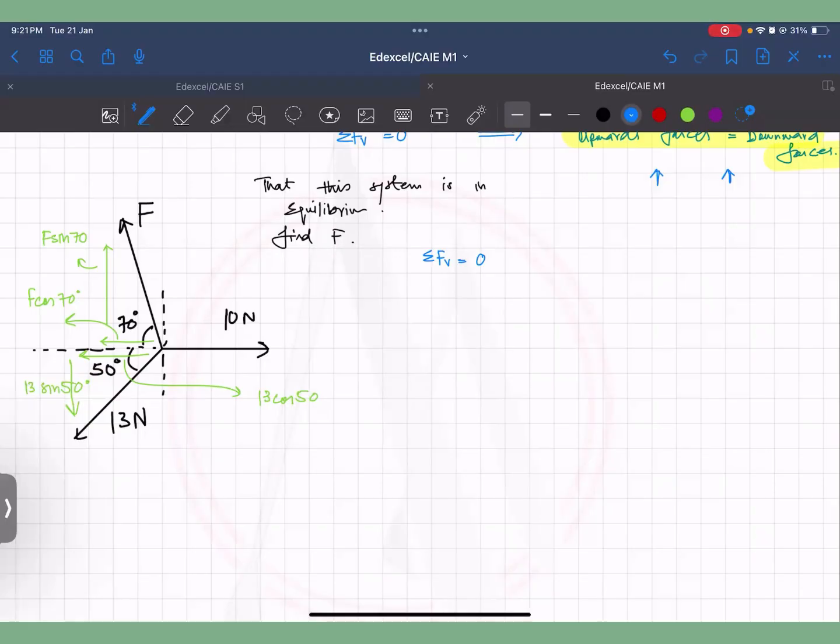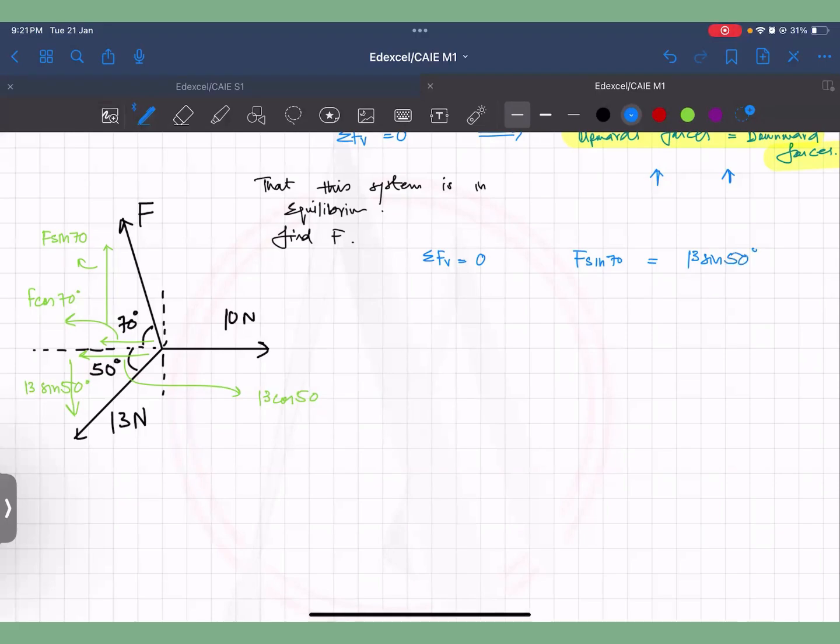So upward forces, there's only one, which is F sine 70. And this would be equaling the total downward forces, which is only 13 sine 50.